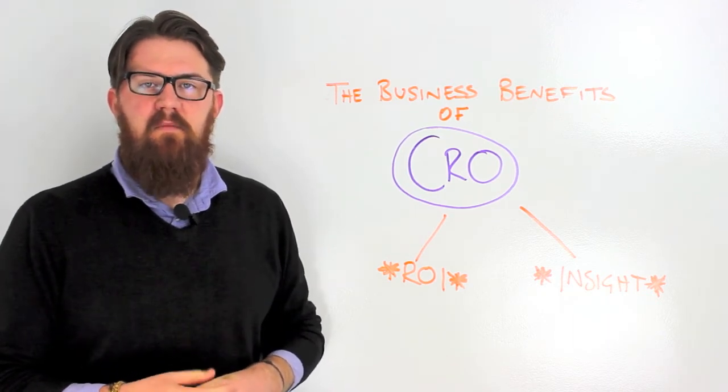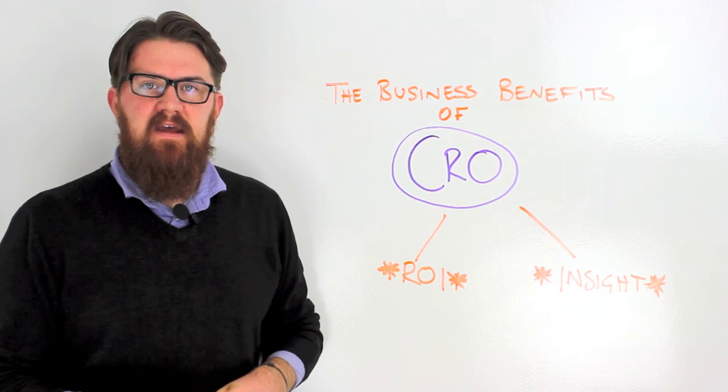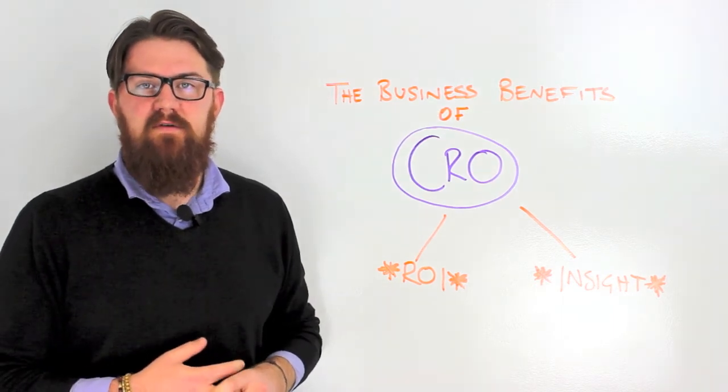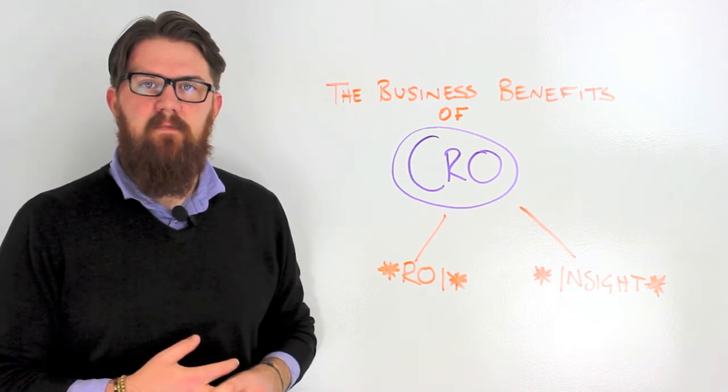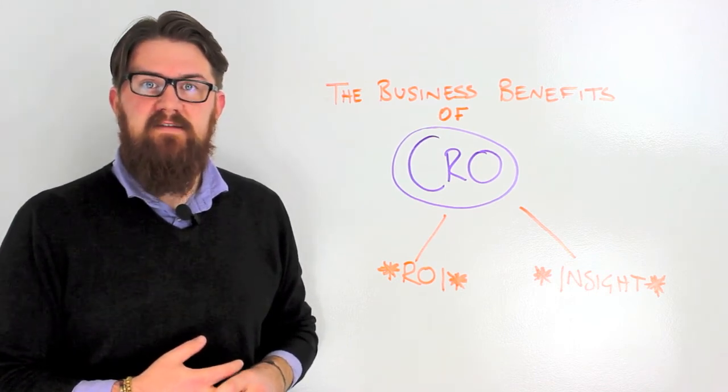So the key thing to remember about conversion rate optimisation is it's there to drive down costs to you as a business. It's also there to increase the profits to your business as well. So get CROing.